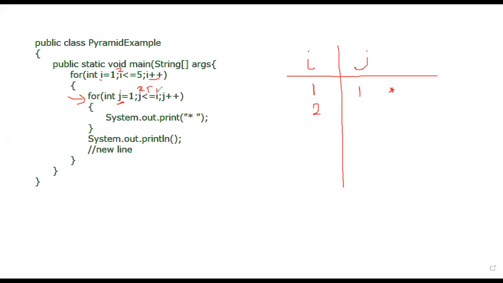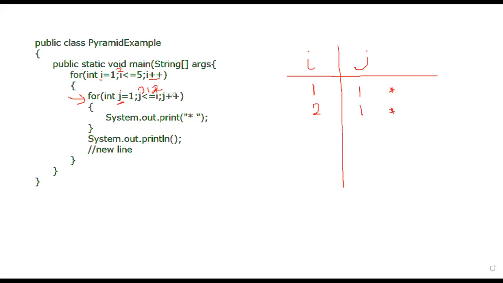So j being 1, 1 is less than or equal to I, where our I now is given as 2. So if j is 1, it will execute and print out 1 star.